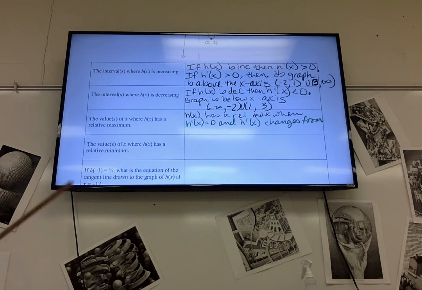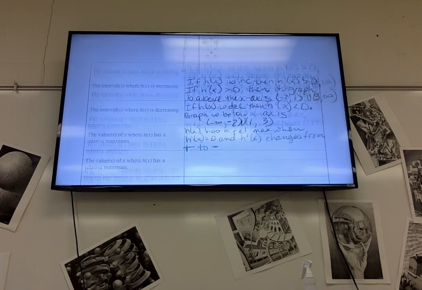We want a maximum, so it needs to start off going positive and then going to negative. That would make a maximum on top. So, it changes from positive to negative.